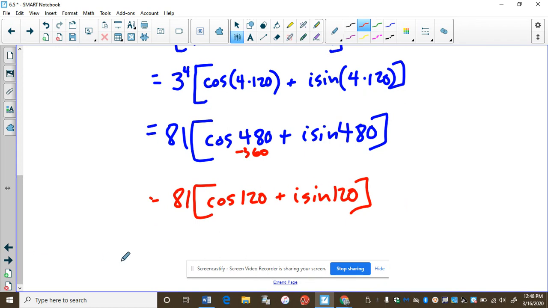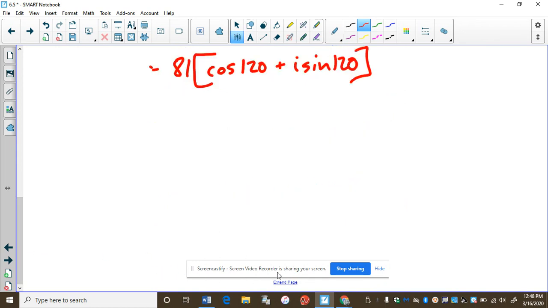But just for the sake of keeping the content moving, I could write this in standard form if I leave the 81 on the outside briefly and then calculate the real number value for the cosine of 120. The cosine of 120 is the x coordinate at 120, which is -1/2. And the sine value at 120 is radical 3 over 2.